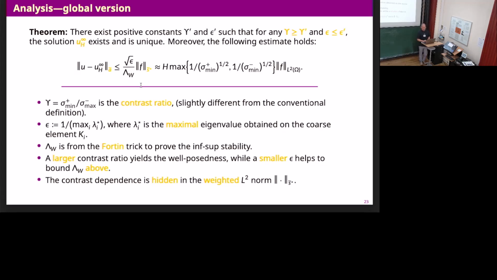And then we obtain this error bound. And again, we have some assumptions that the contrast will be large enough, and also this epsilon should be small enough. And this means that we have to use sufficiently many eigenfunctions to construct the space. And then you see on the right-hand side, you have this coarse element size H here, multiplied by this value that depends on sigma, and then the 2-norm of the source term.